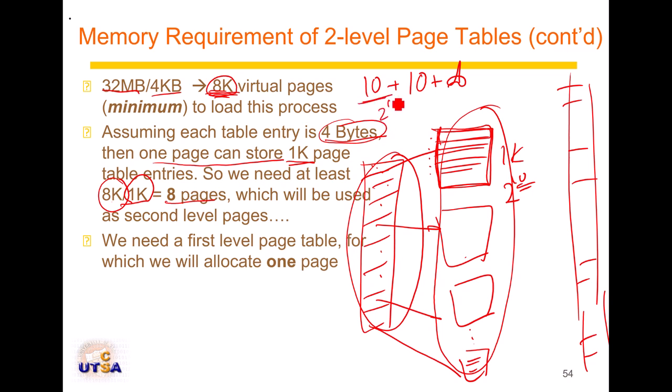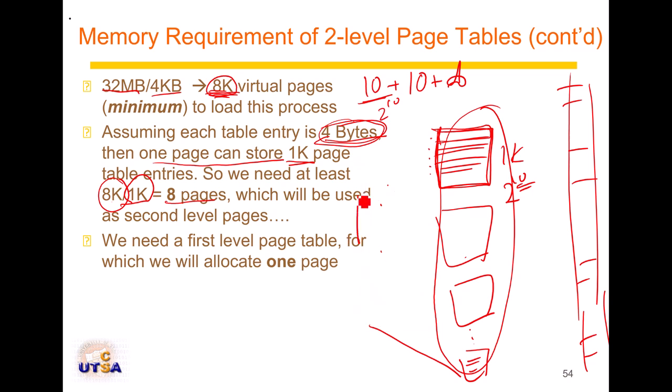So that means in this system, where each table entry is 4 bytes, just one page will be enough to have enough entries to address every second level page that we have, basically. Okay, so that's why one page will be enough here.